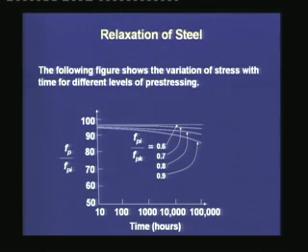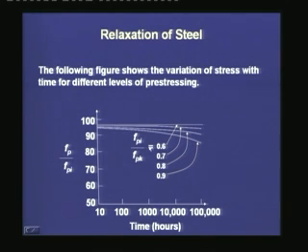This figure shows the variation of the stress with time for different levels of pre-stressing. In the horizontal axis, we are plotting the time in a logarithmic scale, and in the vertical axis, we are plotting the pre-stress which is changing with time normalized with the initial pre-stress.